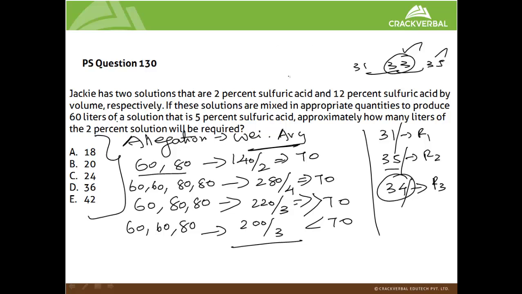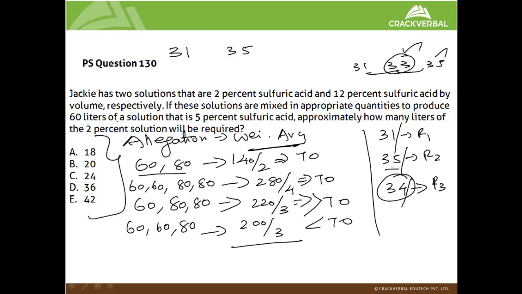Otherwise, if you have to do the alligation, all you need to do is write down the two values. As per the process, the least value is written on the left side. So you can write 31 right here, and the highest value 35. It is not necessary that the least value always has to be on the left-hand side. You can write any value you like, you can also write 35 on the left-hand side, but the resultant should always be in between.